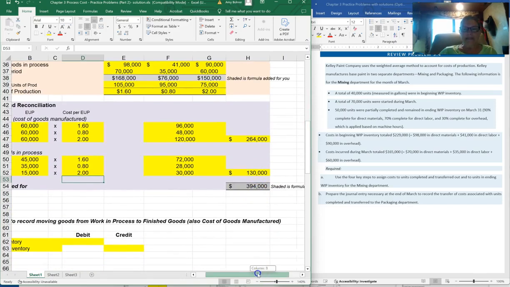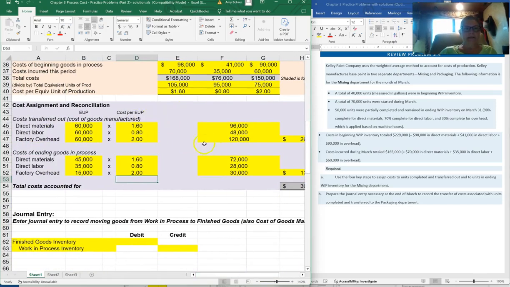The very last step is to then take these costs that were finished and transferred out. We now have to take them out of our work in process inventory because now they're finished, right? They're completed, and they need to be transferred out of the work in process inventory and be put into the finished goods inventory.